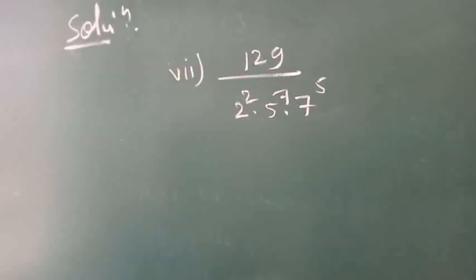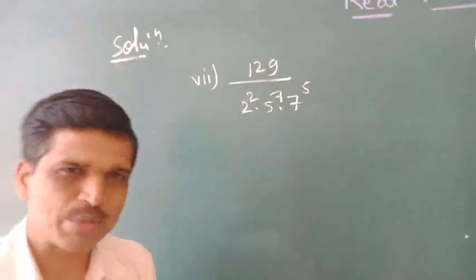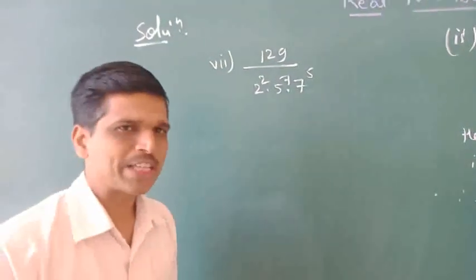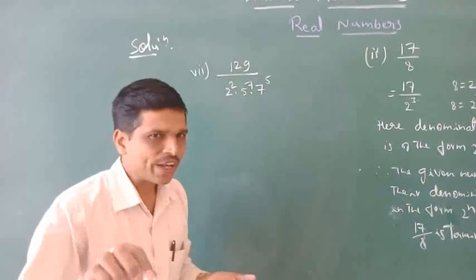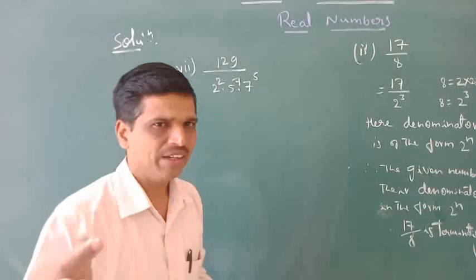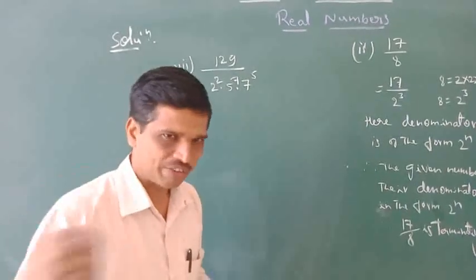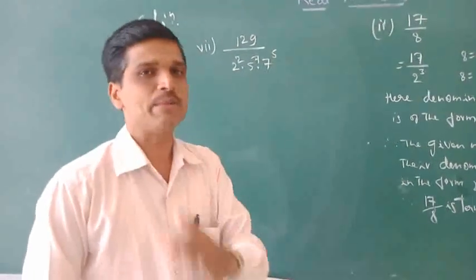Consider theorem number 1.7. What does it say? If x is a rational number, x can be expressed in the form p by q, but if q is not of the form 2 to the power of n into 5 to the power of m, then it is a non-terminating repeating decimal expansion.